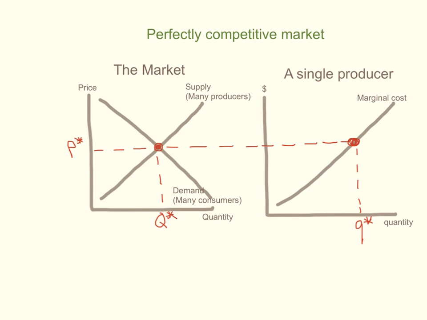When we instead analyze a monopolistic market, we no longer have many producers of the product. Instead, we're only going to have a single producer of the product. And therefore, we're going to be able to combine our two graphs into one, because this market supply is going to be provided by just this one producer.